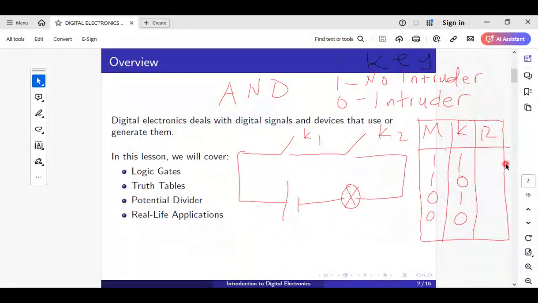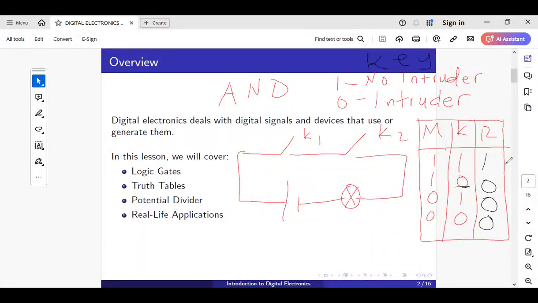If both are closed, automatically I expect no intruder. But if one of them is open, an intruder can use a gate where it is open, so I expect a 0. Even here a 0, intruder can come in. And if they are both open, a big 0, intruder can come in. You see that?